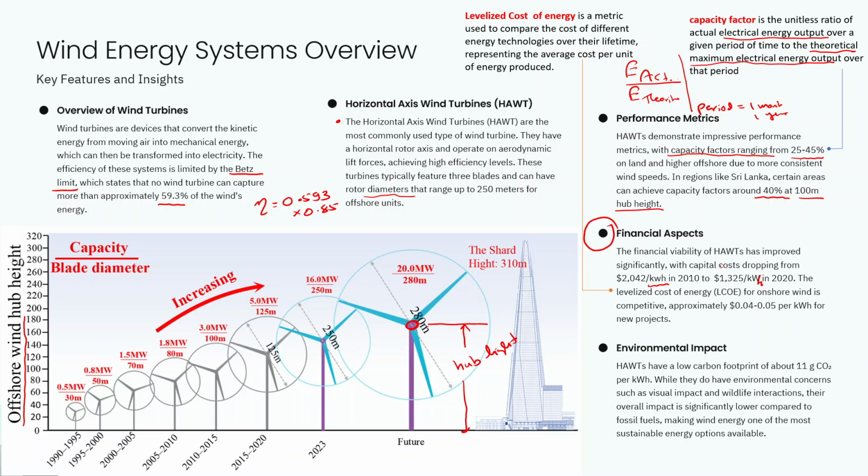That means the capital cost and the operational and maintenance cost have been reduced considerably, making wind projects more and more feasible over time. It will keep on improving, so these technologies will be easier to implement, even for countries like Sri Lanka.